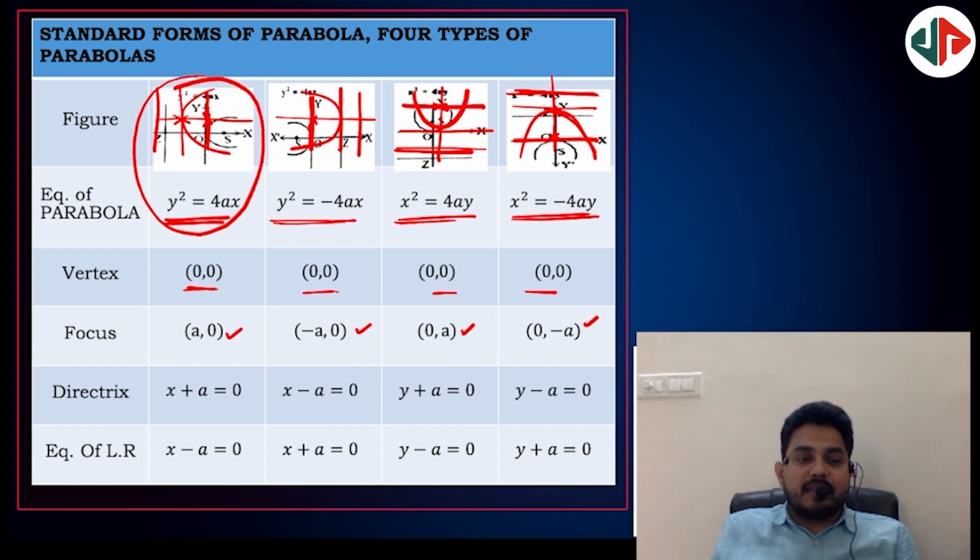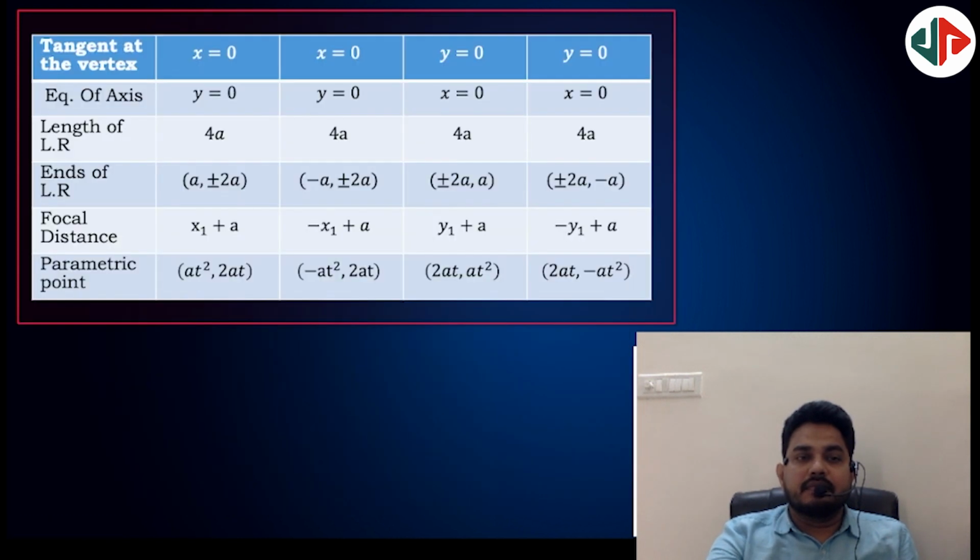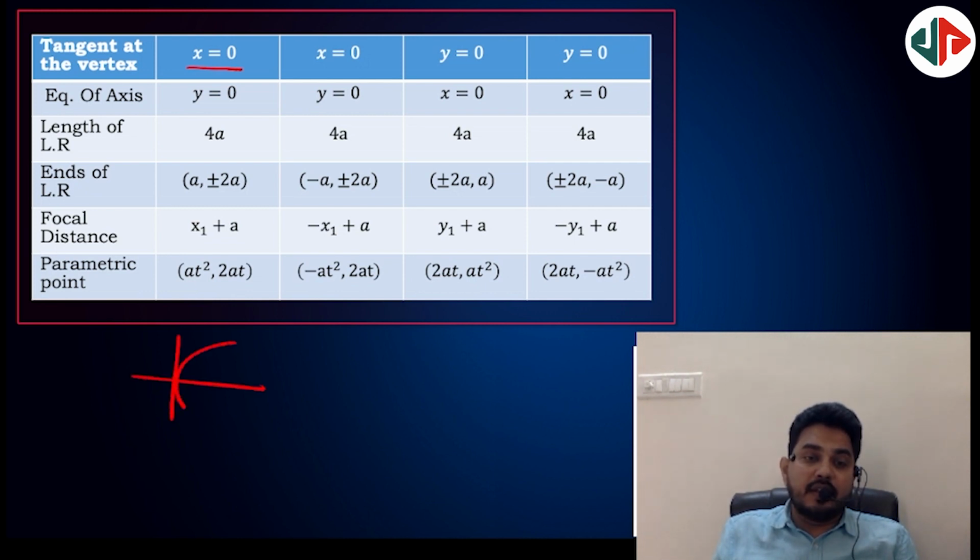Okay, the diagrams also come. Now, for all of these, what is the tangent at the vertex? For this one, the tangent at the vertex is this.